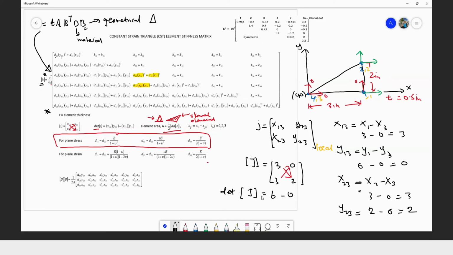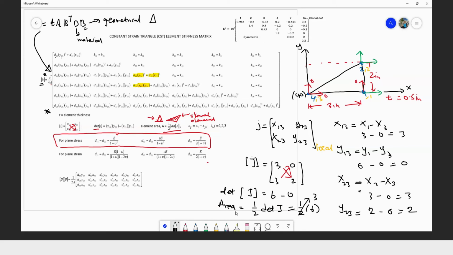And for the area, it is half of the determinant of J, which is half of 6, which gives us 3.